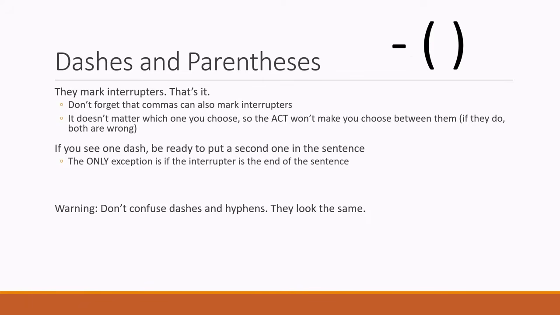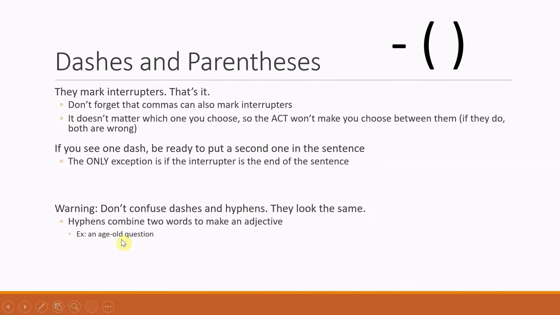I did want to put a quick warning in here. Don't worry too much about this because you're almost never going to see a hyphen in the ACT. I've seen it maybe two or three times, but I did want to put this in just in case you do, because dashes and hyphens look the same. Hyphens, here's an example, are used to combine two words to make an adjective.